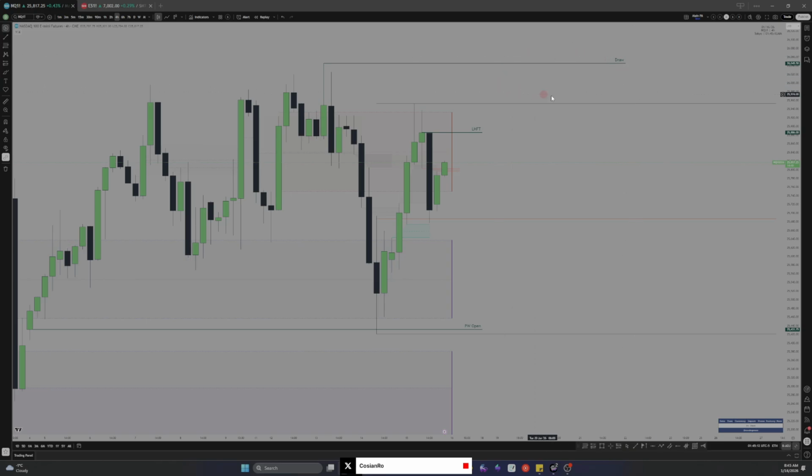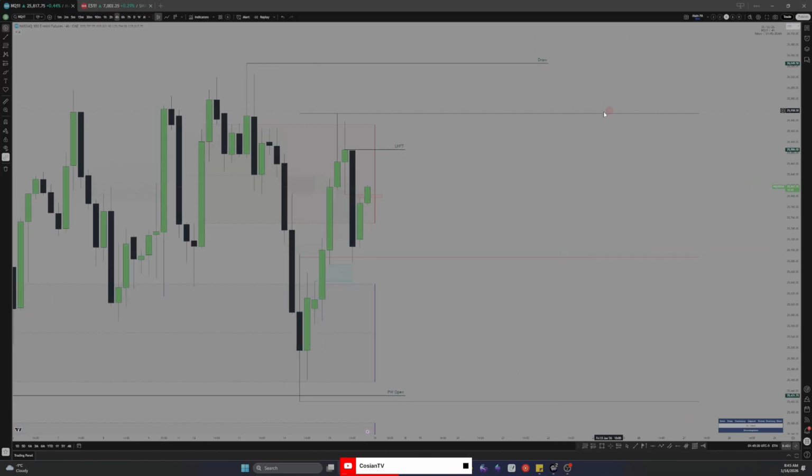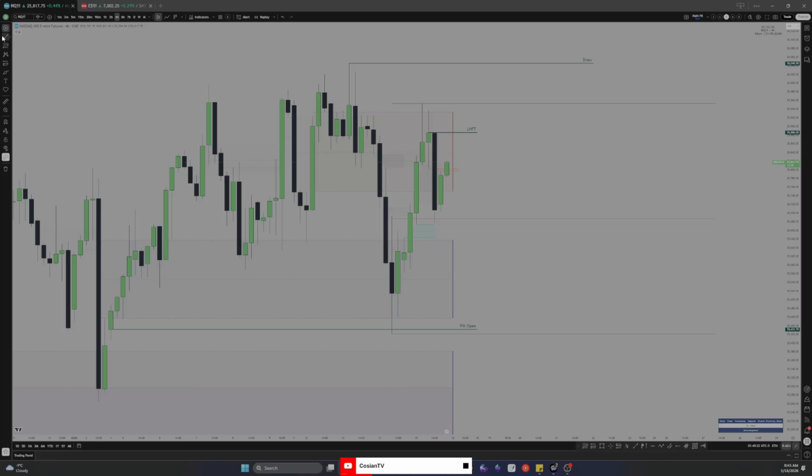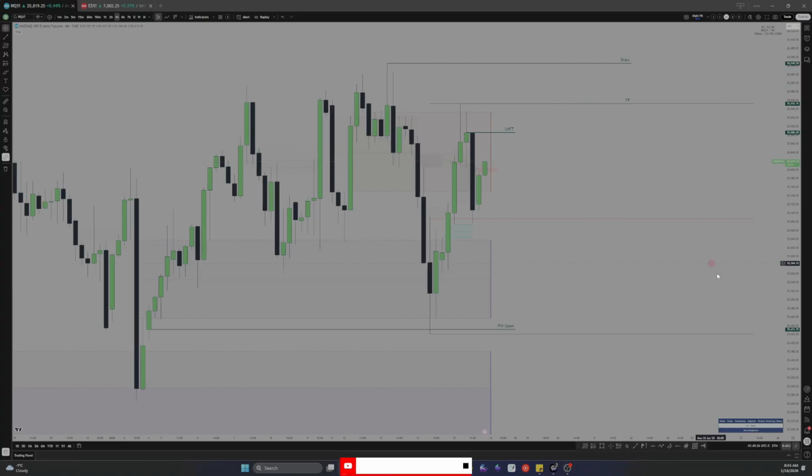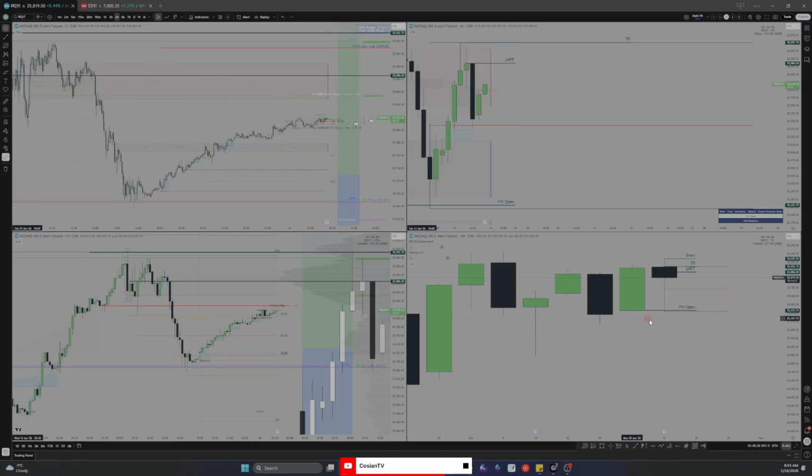All in all, for the entire day, given our bullish bias, I would say it's this level. Or even that level. But another thing, let's look at the weekly chart.